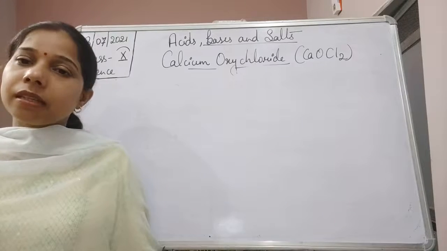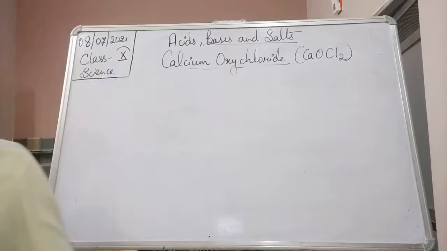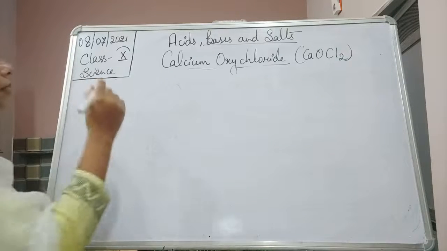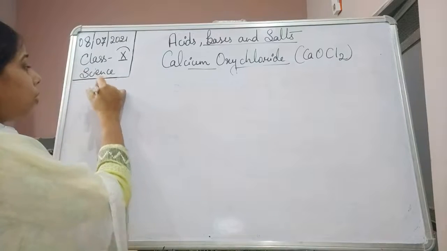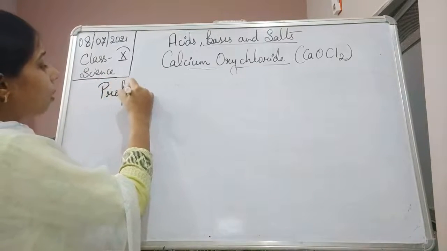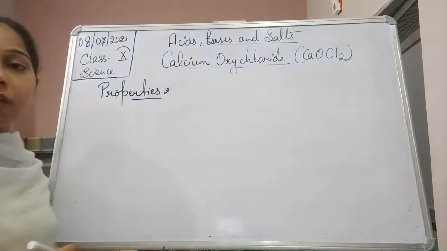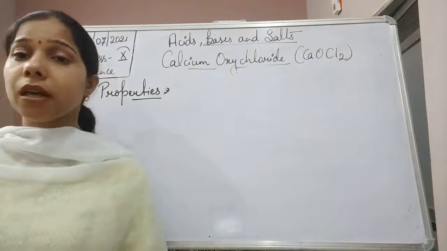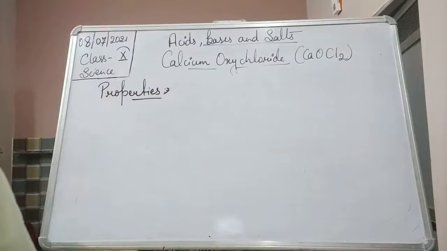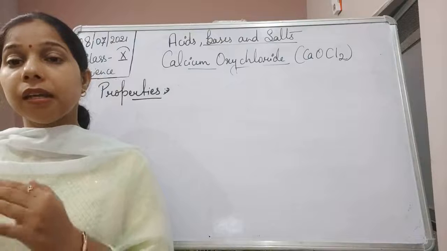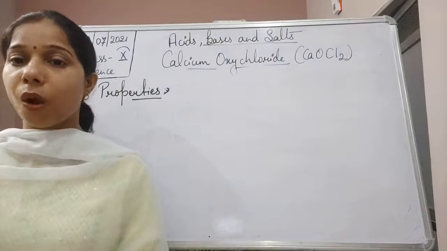We were discussing some of its properties. Let me remind you of the properties that we have studied till now. It is yellowish white in color, and obviously because of the presence of chlorine, it has a strong smell of chlorine.